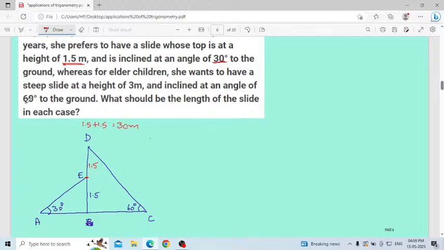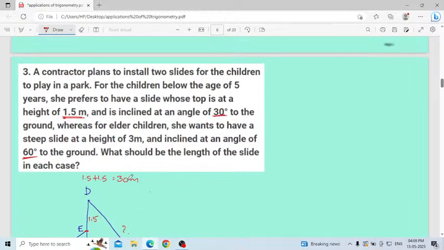Then the bigger slide is making an angle of 60 degree. What should be the length of the slide in each case? This length they are calculating. You have to calculate the length of the slide.